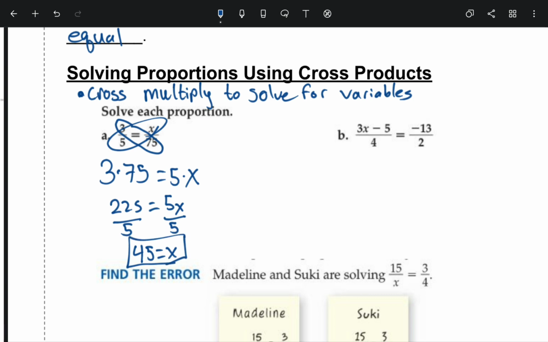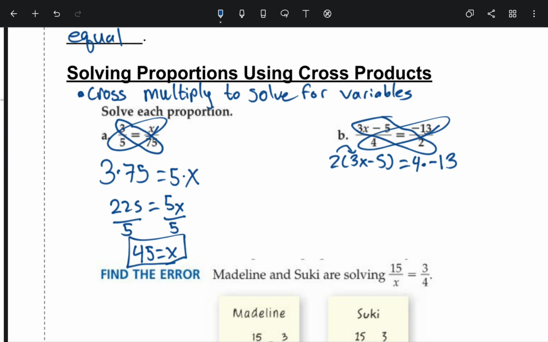Now for example B, this one does have an expression instead of just a simple variable, but we do the exact same thing. So cross multiply, we get 2 times 3x minus 5 equals 4 times negative 13.